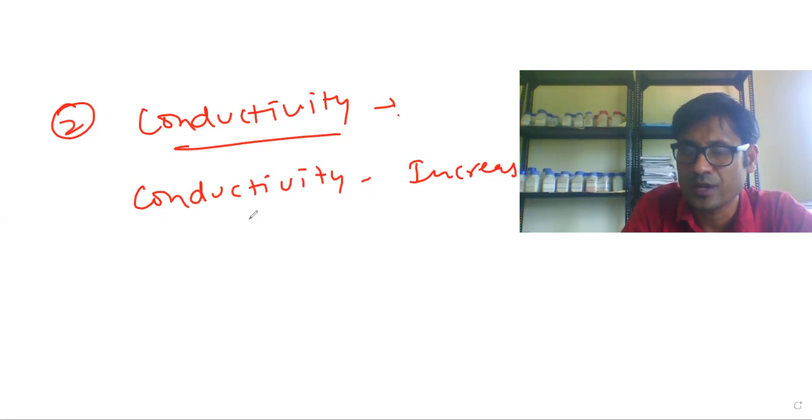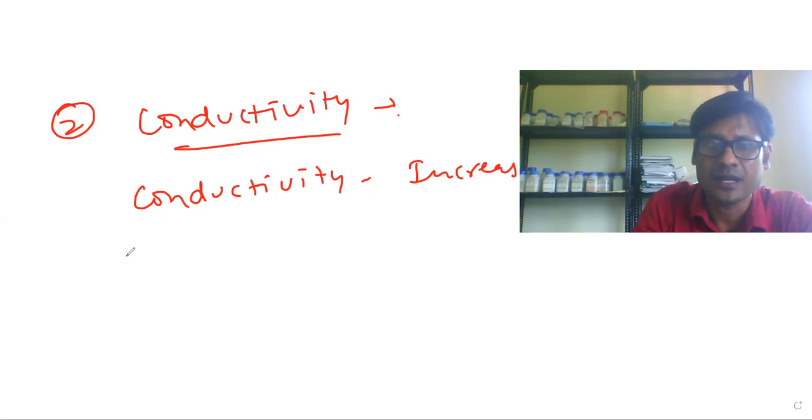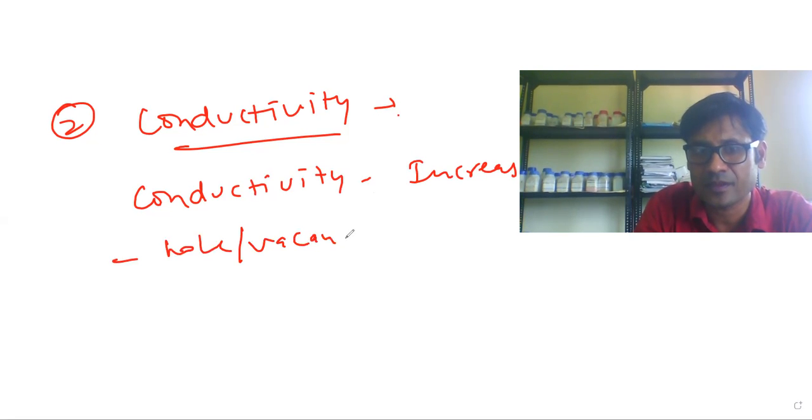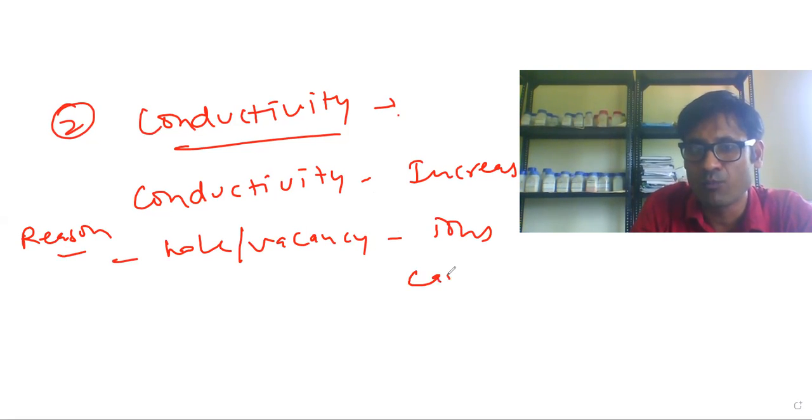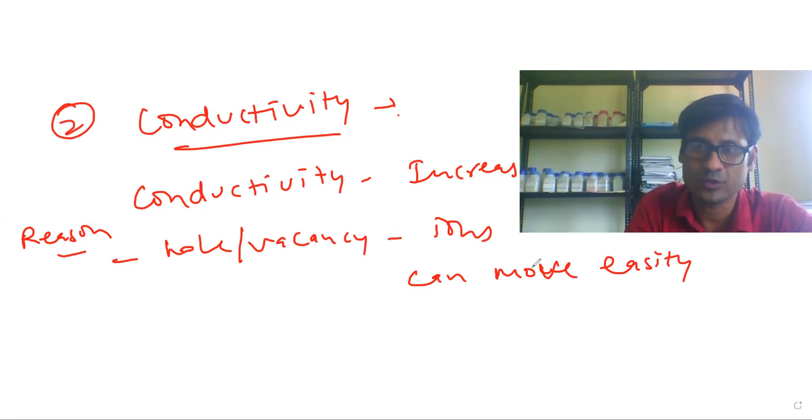In case of Schottky defect, holes, that is vacancies, are created, and ions can move easily. Ions can move easily through these holes. That is why conductivity increases.